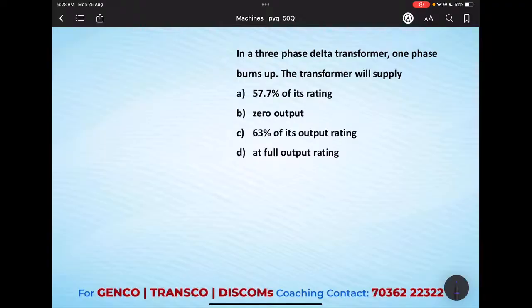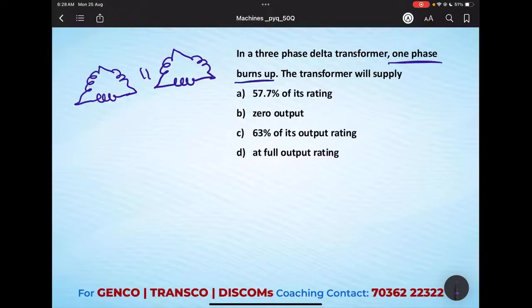The given question is about a delta-delta transformer. What happened? One phase got burned out. That means one phase was faulty and it got removed from the system.